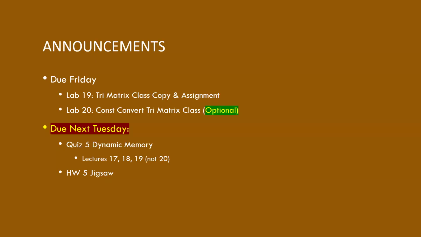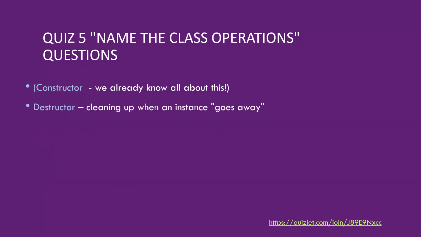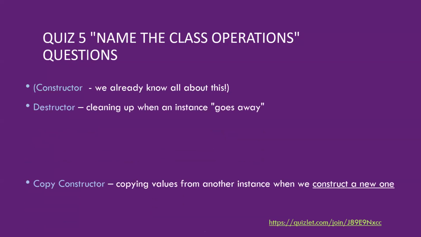Okay, quick reviews. We'll fly through this quickly, but remember that we should have a high-level sense of these different things we can do with our class. We can write constructors. We can write destructors.